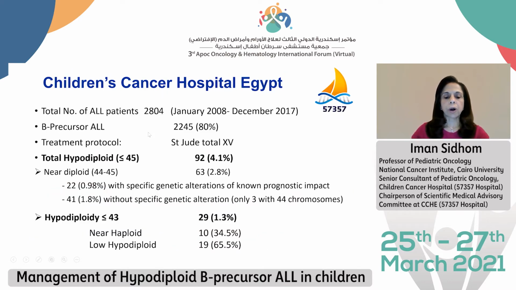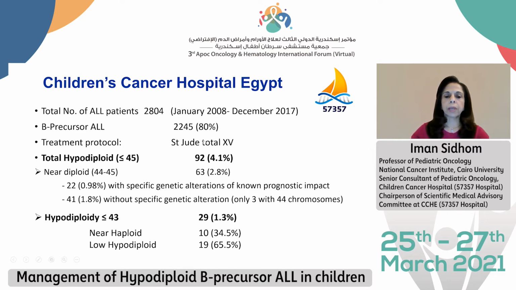At Children's Cancer Hospital, Egypt, a total of 2,804 patients were newly diagnosed and treated on a protocol adopted from St. Jude Total 15 during the period between January 2008 and December 2017.